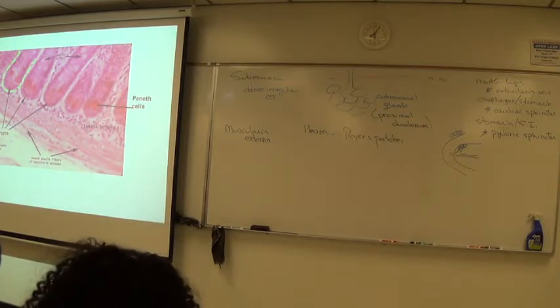So as a protection, in addition to the diffuse lymphatic tissue, we have these Paneth cells that secrete antimicrobial proteins. Okay, sorry, I should have done this when we did the mucosal structures.